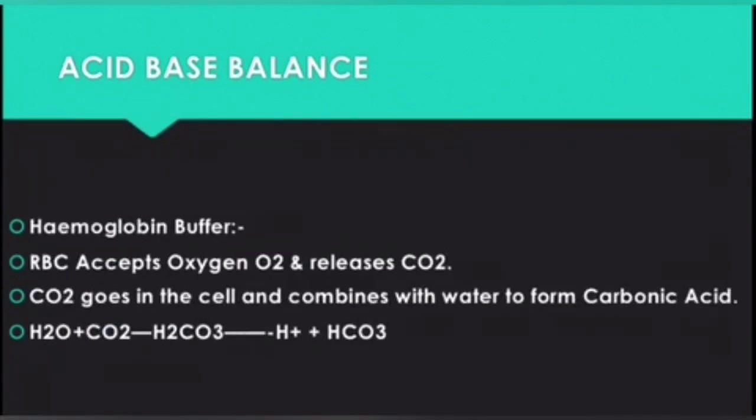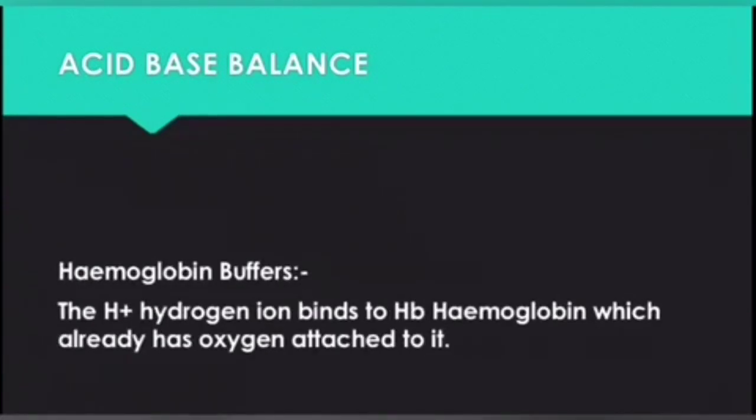Lastly, let us understand hemoglobin buffer system. RBCs in the blood take in oxygen and release carbon dioxide. Carbon dioxide formed goes in the cells and combines with the water in it to form carbonic acid. Hydrogen ions bind to hemoglobin molecule which already has oxygen attached to it.